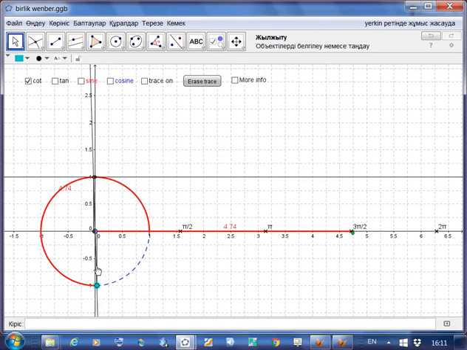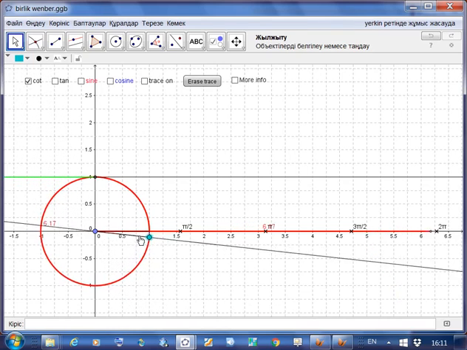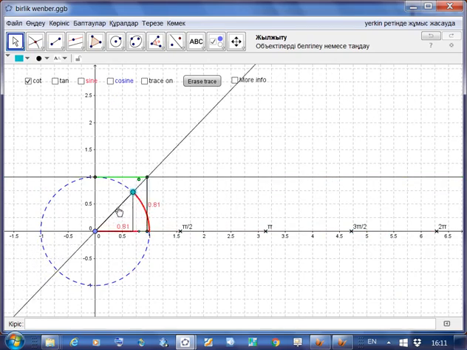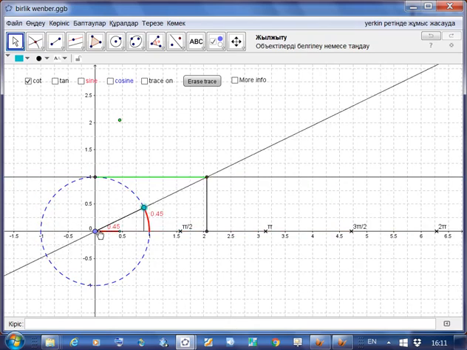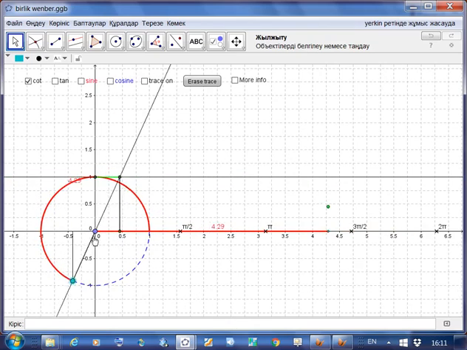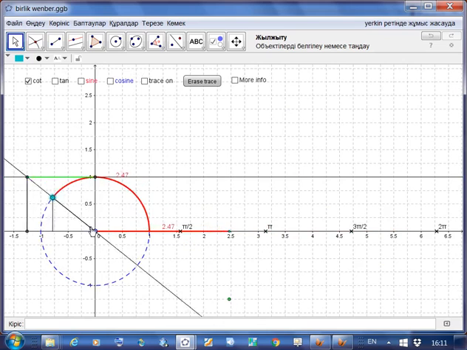After 270 degrees, the cotangent is negative, and it's also decreasing. So the cotangent is a decreasing function. As we increase the angle, the value of the cotangent is always decreasing.